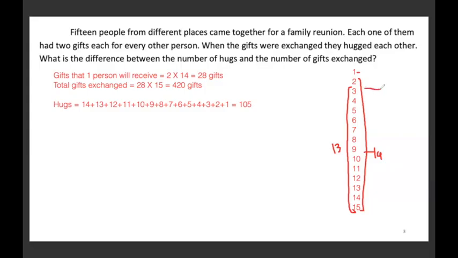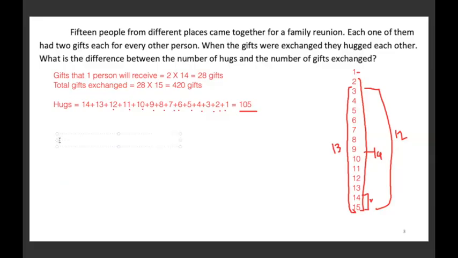Likewise, the third person will hug the next 12 people, till we reach the 14th person, who will hug only the 15th person. So 14, 13, 12, 11, 10, 9, 8, 7, 6, 5, 4, 3, 2, and 1. That's why 105 hugs were exchanged.